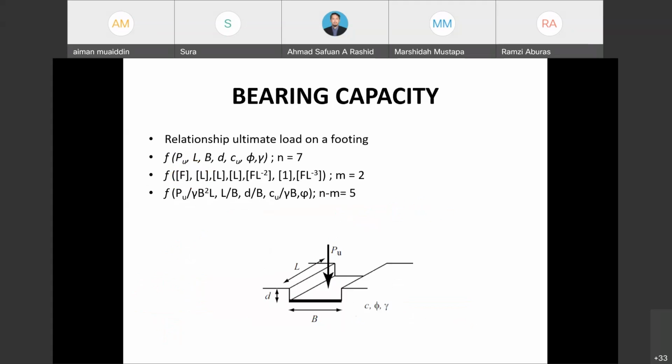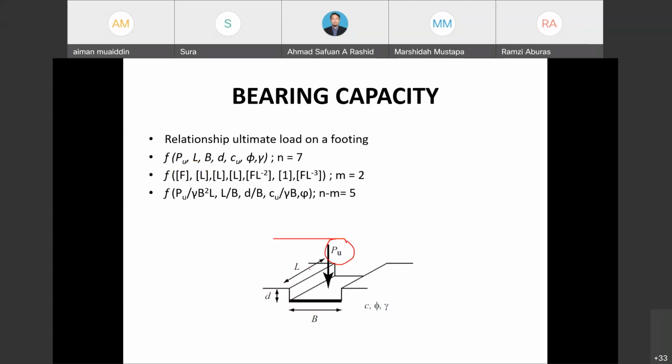Okay. The second last one is the bearing capacity, where the outcome of the approach is the Pu, which is the ultimate load.